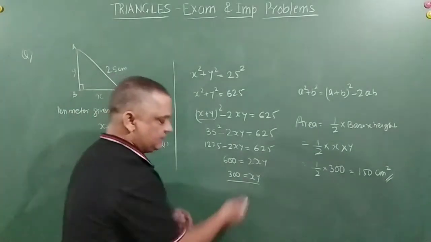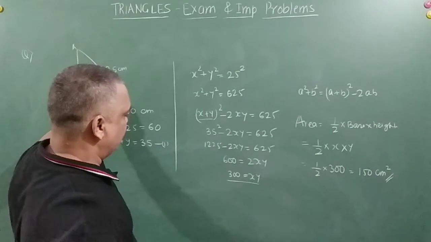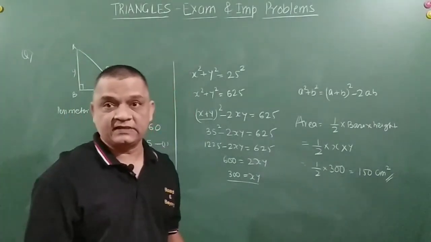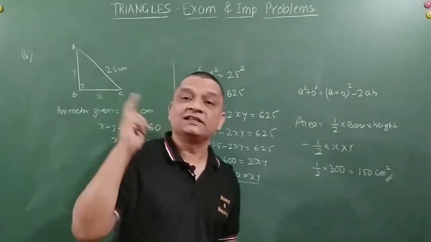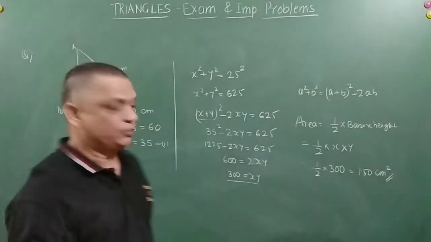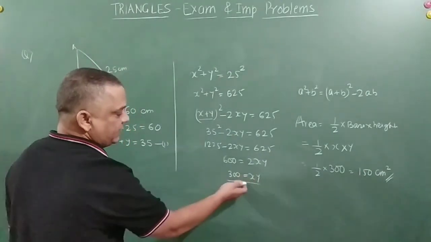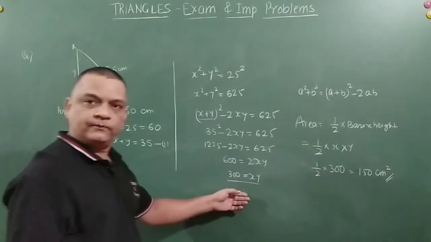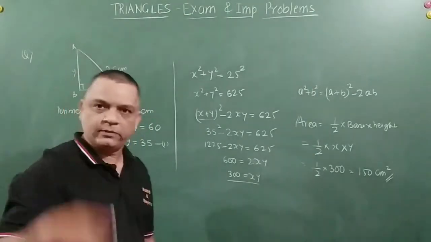So from here, friends, please don't go on finding your values of x and y. If at all you want to find the values of x and y, then you can do that. If they have asked you to find the sides of the triangle, then also you can do that. This x into y is nothing but 300, so you can find one variable from here, that is x is equal to 300 by y.